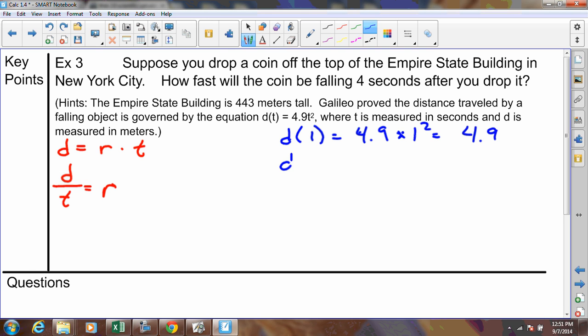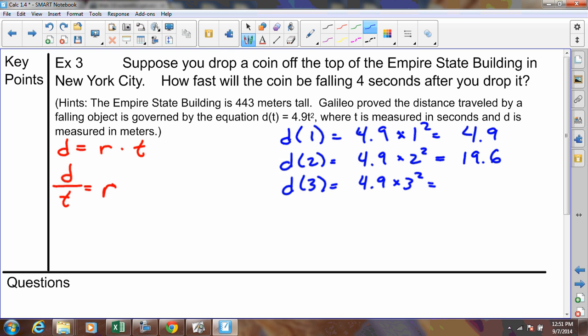If we wait 2 seconds, that will be 4.9 times 2 squared, which is 4.9 times 4, and 4.9 times 4 equals 19.6. So in 2 seconds, it will have fallen 19.6 meters. At 3 seconds, we'd have 4.9 times 3 squared, and 4.9 times 9 is 44.1 meters.